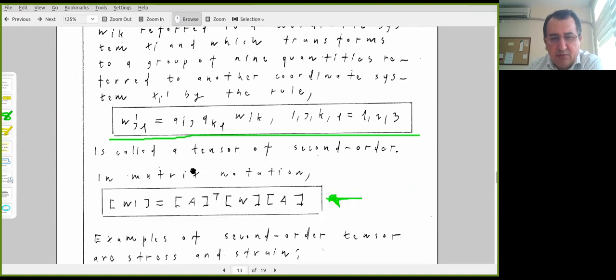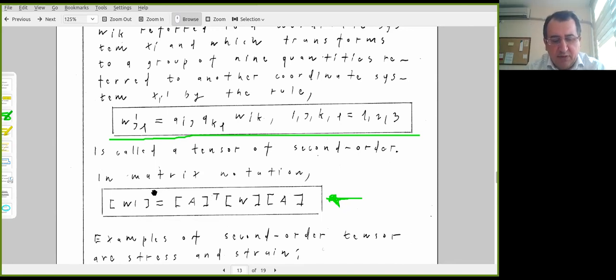Matrix form is W prime is A transpose W times A. W prime is the 3 by 3 matrix in the new coordinate system. That's equal to A transpose W times A. W is in the original coordinate system.